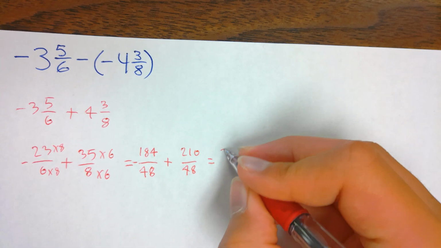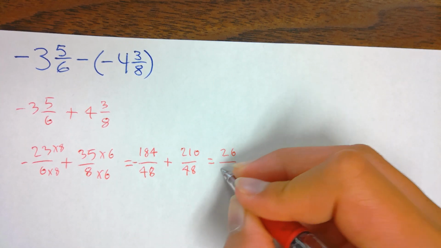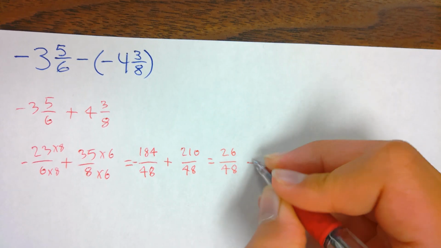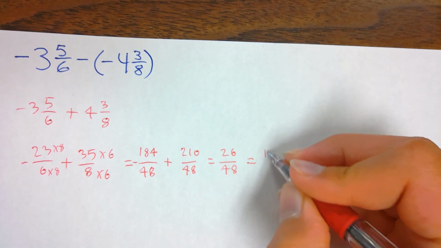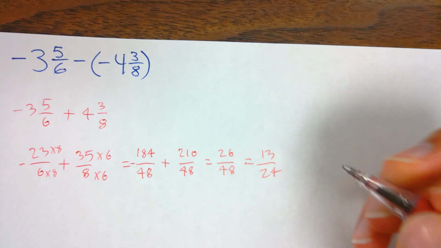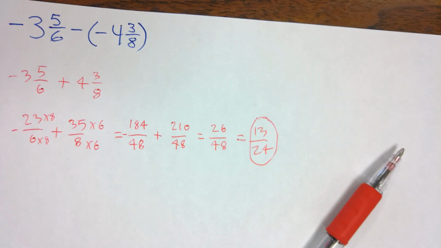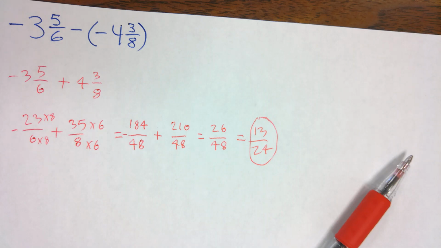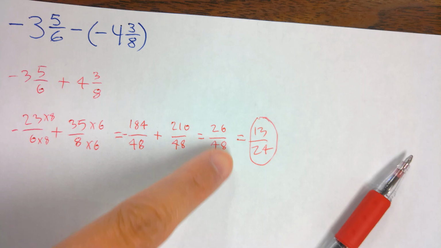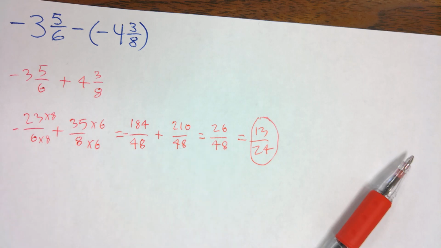So now that both of them are over 48, you can just add and subtract the top. Denominator stays the same. If you just left your answer as 26 over 48, it's a good answer, but it's not the best answer because you always have to reduce to the lowest term. And so Vincent divided both by 2 to get 13 over 24.